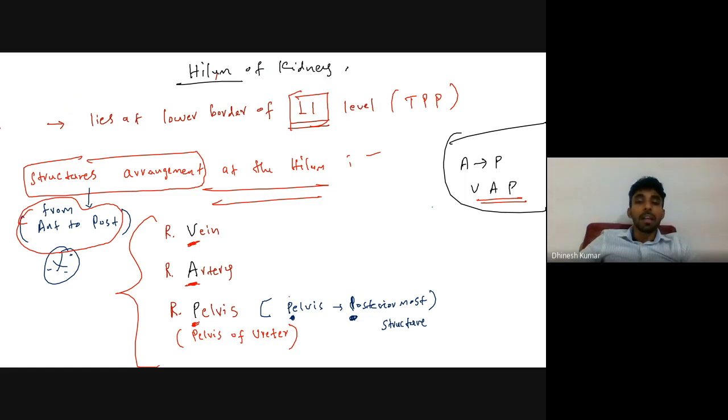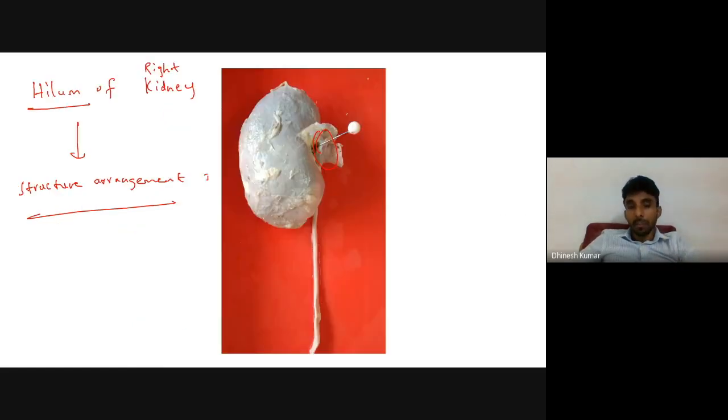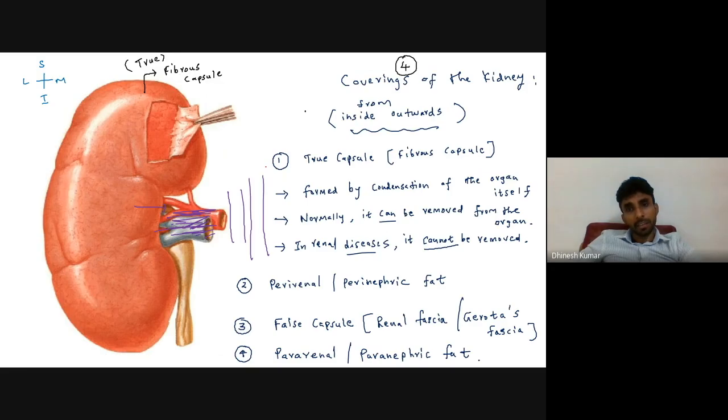Simply we can remember, P for pelvis: the renal pelvis is the posterior-most structure. I hope you are clear about the arrangement of structures at the hilum of the kidney. Now moving to the next question.